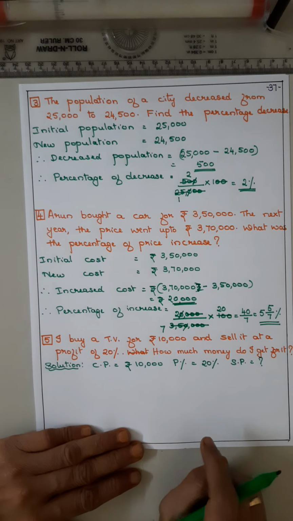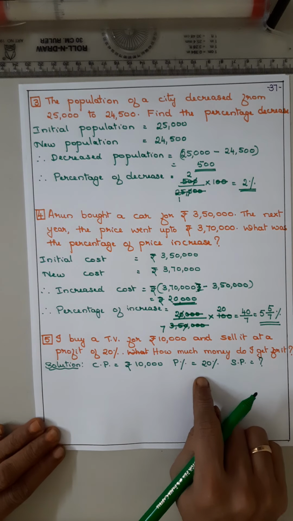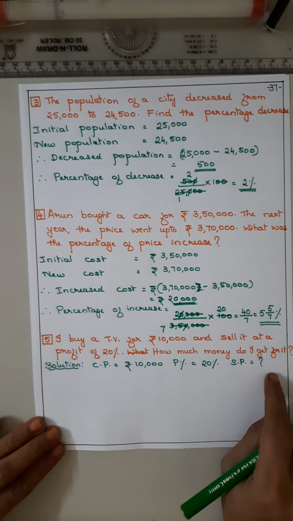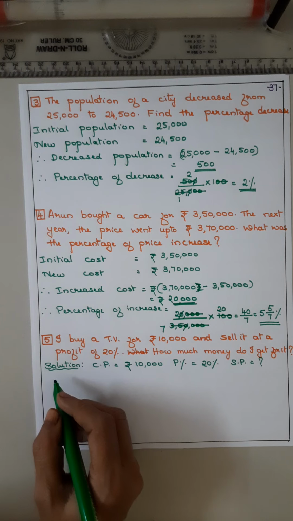So you have to find out the SP. So CP is given, profit percent is given. You have to find out the SP. So what will we do? First we will find out the profit.